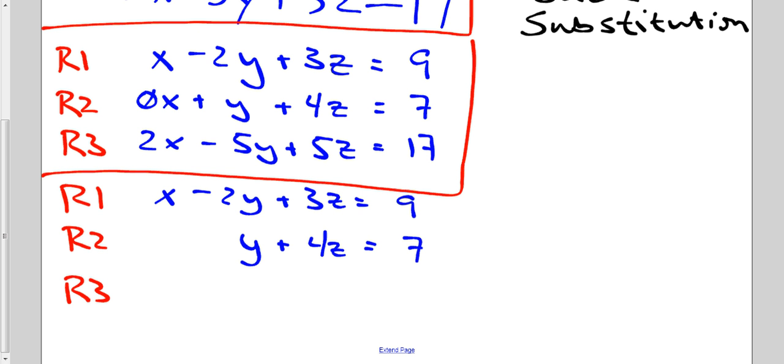So -2x plus 2x gets me 0x. 4y plus -5y gets me -y. So minus y. And then -6z plus 5z, -z, and then -18 plus 17 gets me -1.